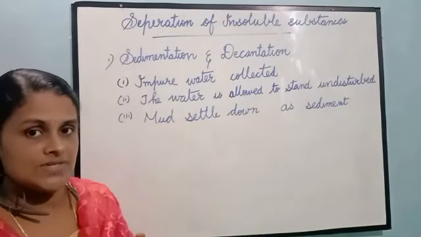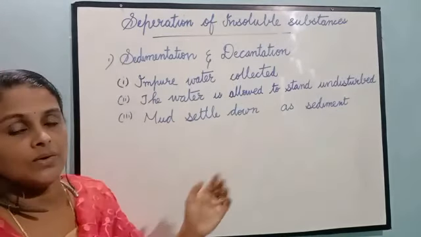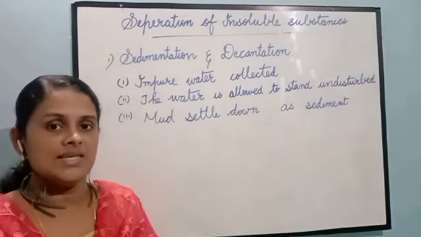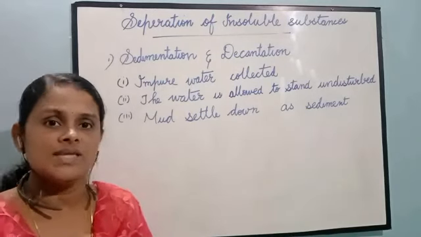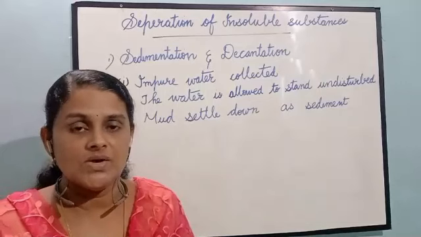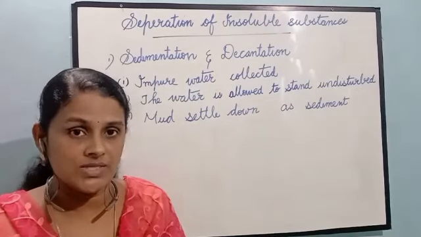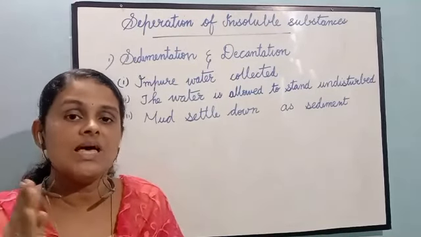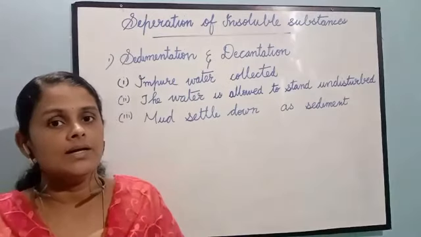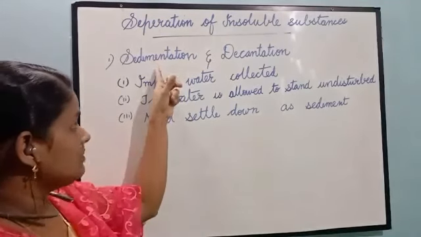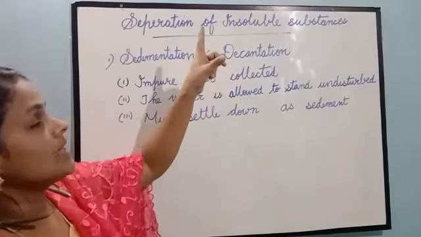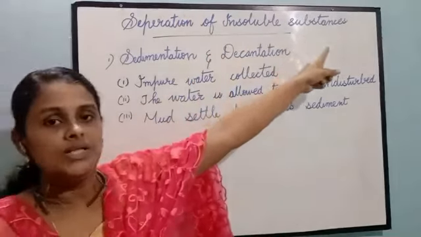Then after some time, mud settles down at the bottom of the container as sediment. This is called sedimentation. The process of removing the clear water after sediments have settled down is called decantation. So by sedimentation and decantation, we can separate insoluble substance.